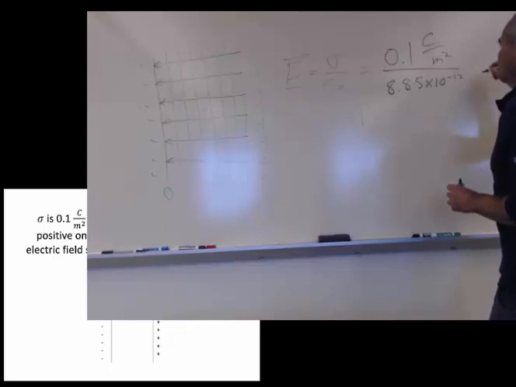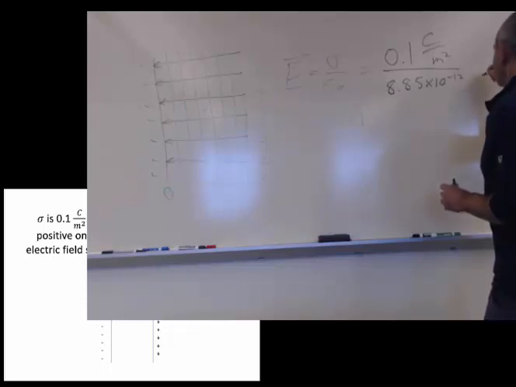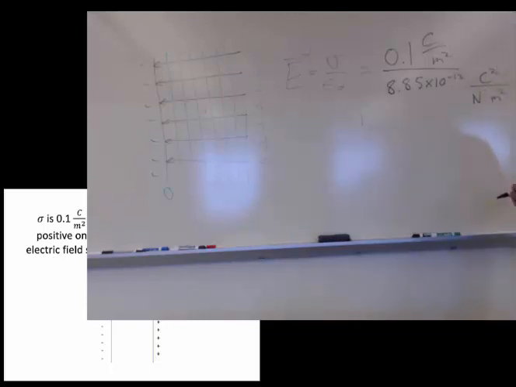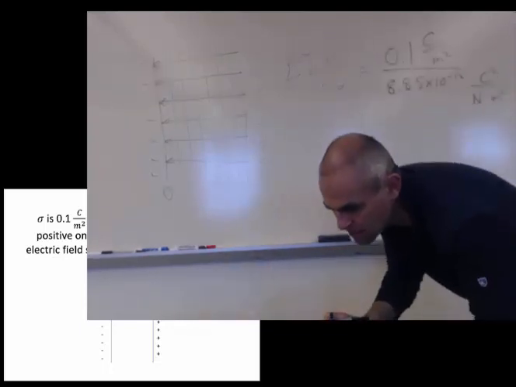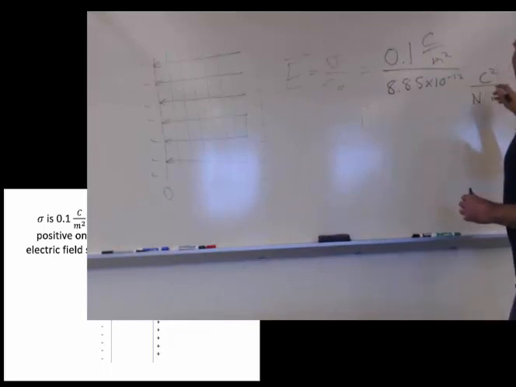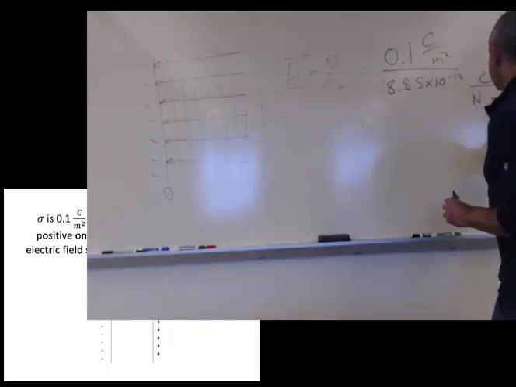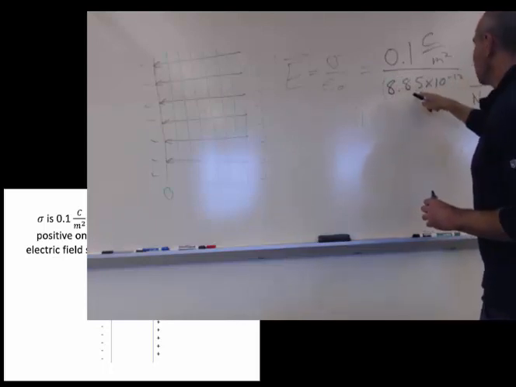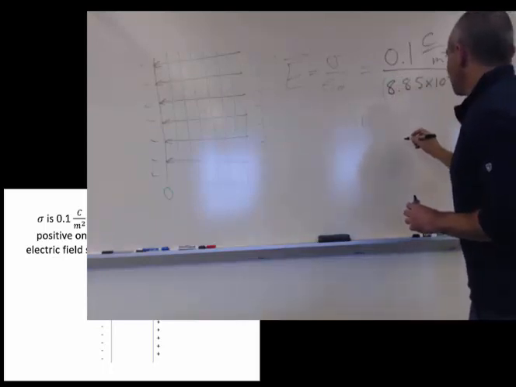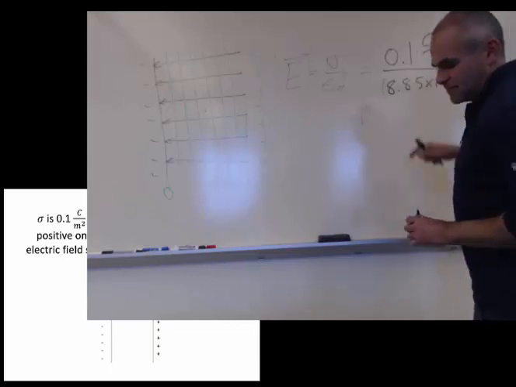There we go for the units. You can still see that on here. I hope so. It's Coulomb squared per Newton meter squared. That's the unit of the permittivity of free space. When I do the math and divide them out, this comes up.